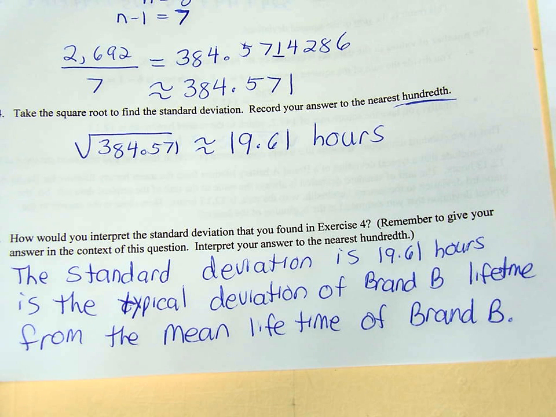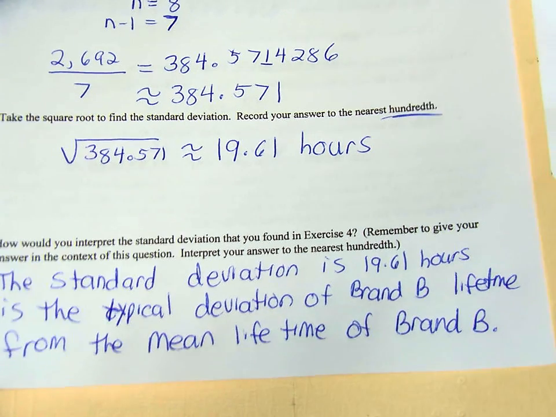The standard deviation for this problem set was 19.61, and that's a typical deviation of brand B lifetime from the mean lifetime of brand B.